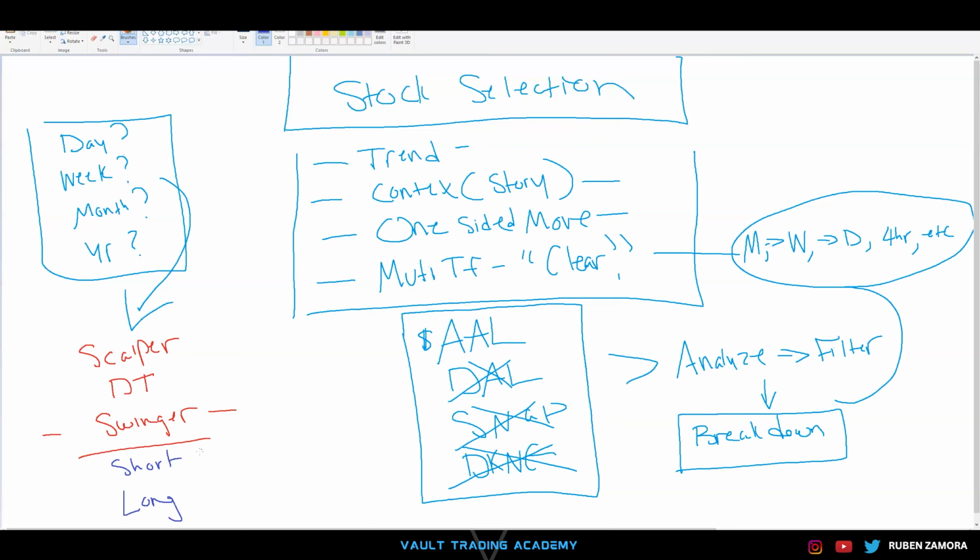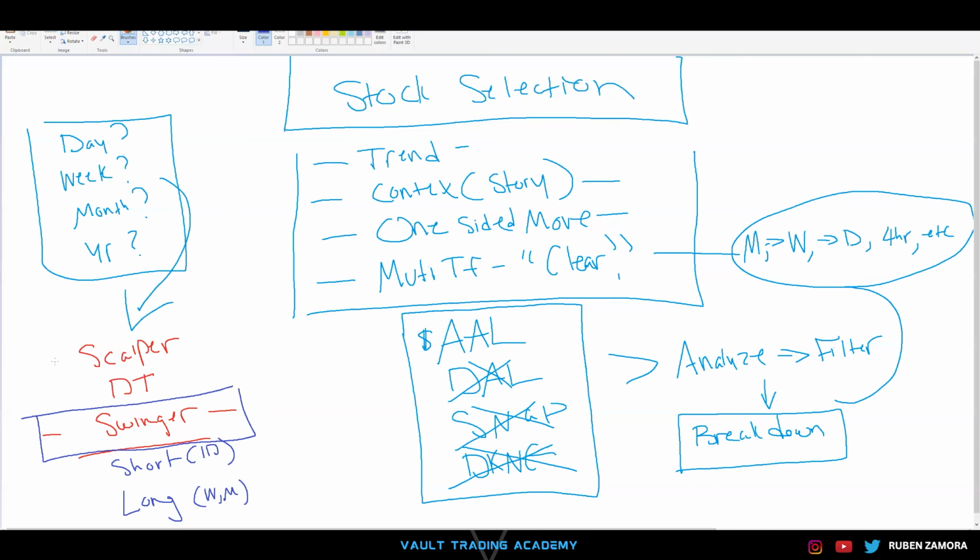A short swinger is just taking it for the next day, overnight pretty much, so a one-day swing. But long is you're taking it out for weeks, months. So there are two types of swing traders.